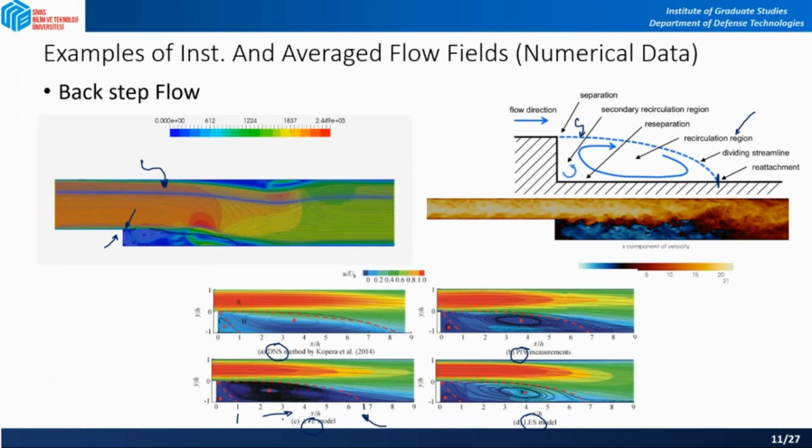Simply they cannot find this reattachment distance accurately, and that's why people are trying to find better turbulence models, meaning turbulence models that can mimic the actual flow in a better way.